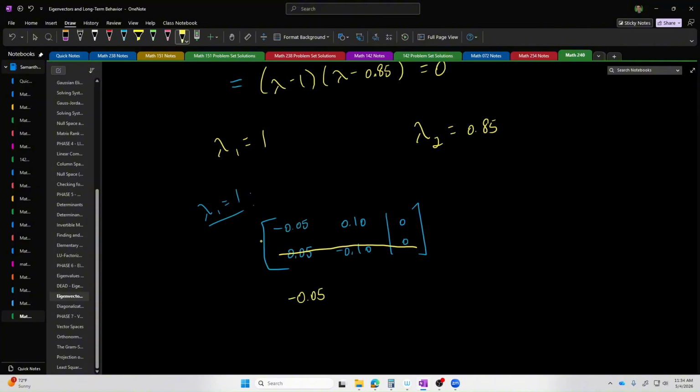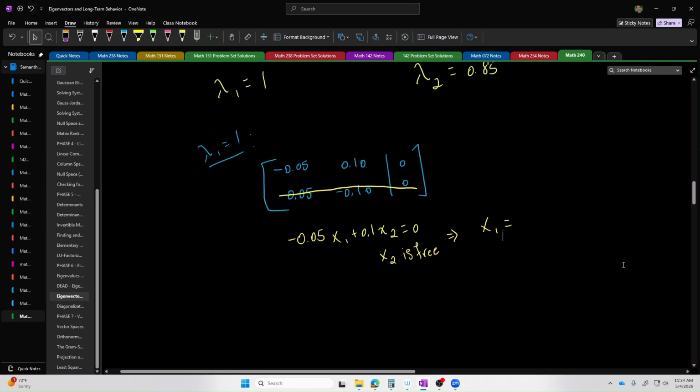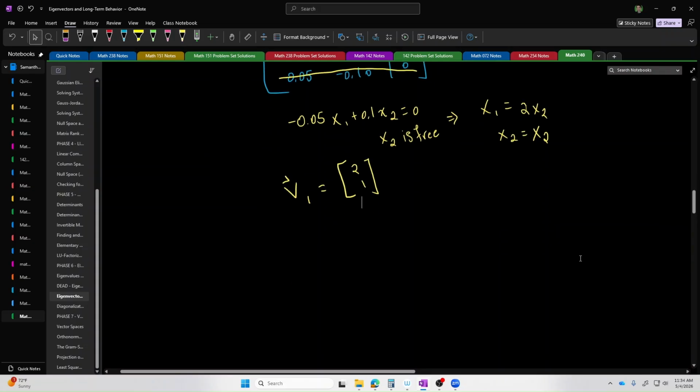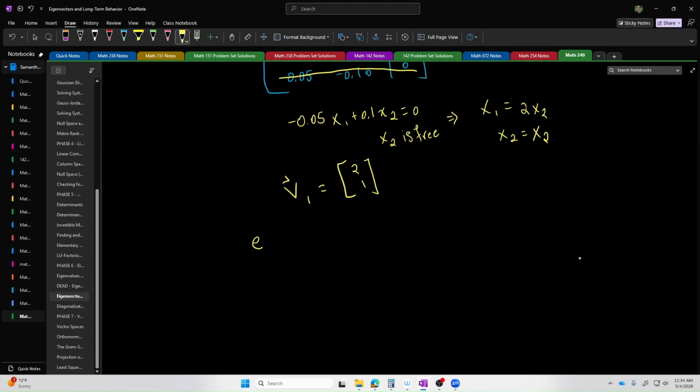Reading the first row, we get negative 0.5 x1 plus 0.1 x2 must equal 0, and x2 is free. That forces x1 to be 2 copies of x2, and x2 would be itself. So if I define a vector v1 to be (2, 1), the associated eigenspace is just the span of that.